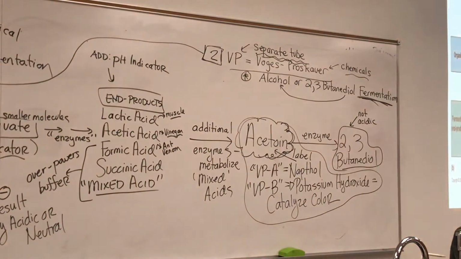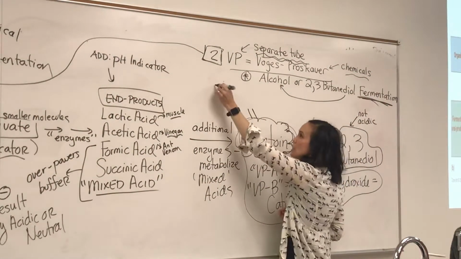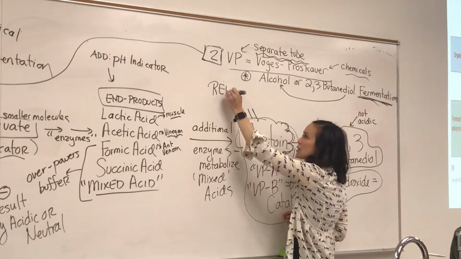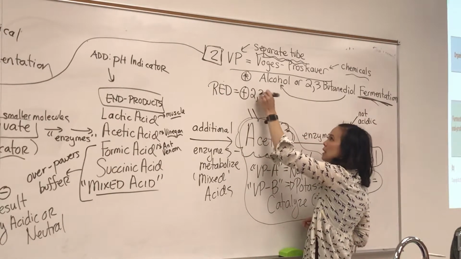And then hopefully we see some color. But at least we don't have any reversal of colors or anything like last week. So if you add in the A and the B again, if you see the red, you can say, yes, I'm positive for 2,3-butanediol.